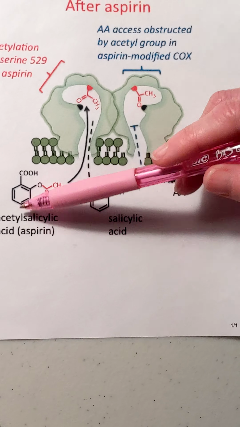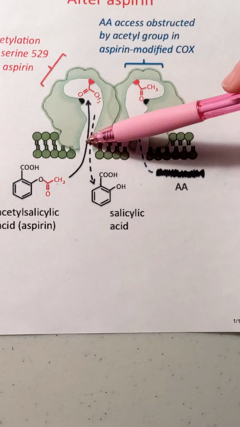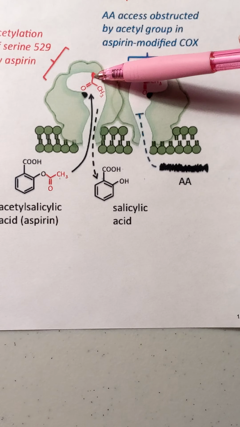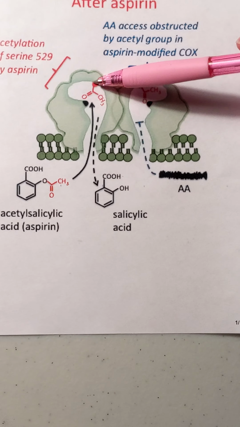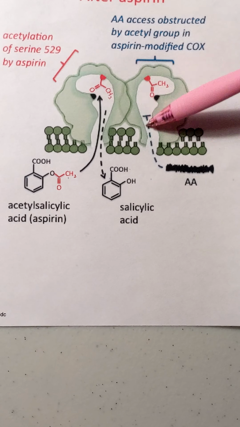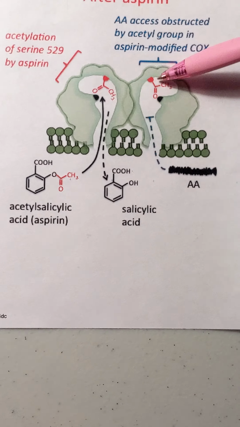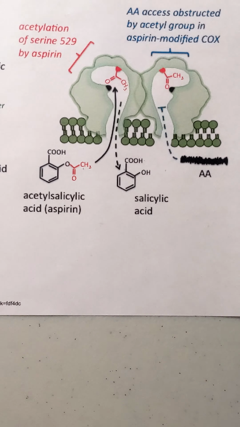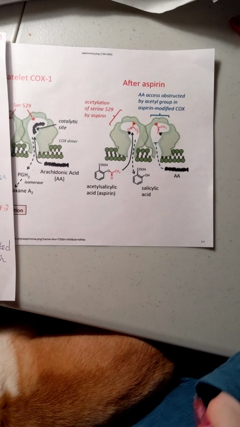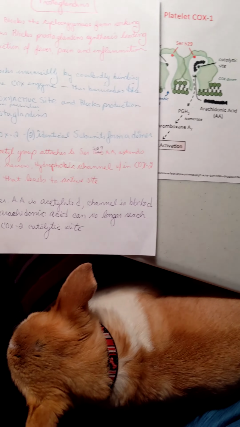So acetylsalicylic acid, the aspirin, comes in through that hydrophobic channel, binds to that catalytic site, and it blocks this guy from coming in, and that does not make any prostaglandins. And that's how we explain that. And that is all I have.